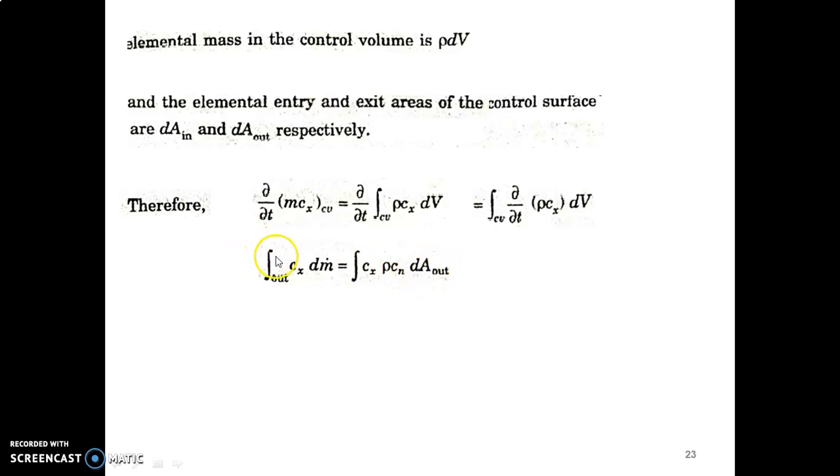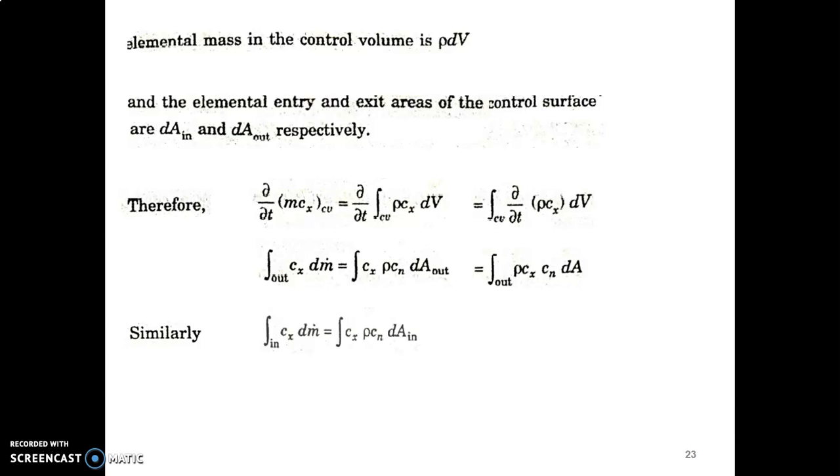Since we are taking the outward flow, we need to take the control surface area dA out. And an extra Cx will be there, since we are dealing with the momentum rate. This Cn represents the normal velocity through the area dA out, and this is simplified like this: integral over the outward flow of rho Cx Cn dA.